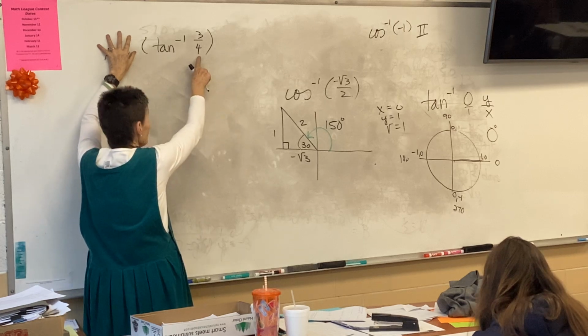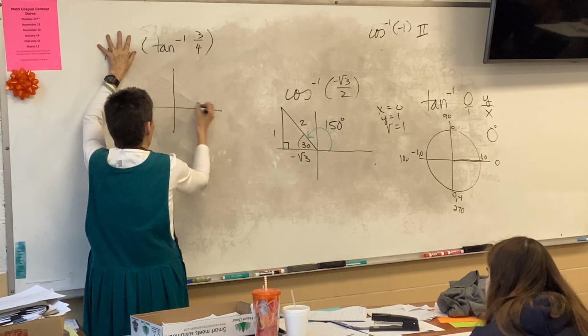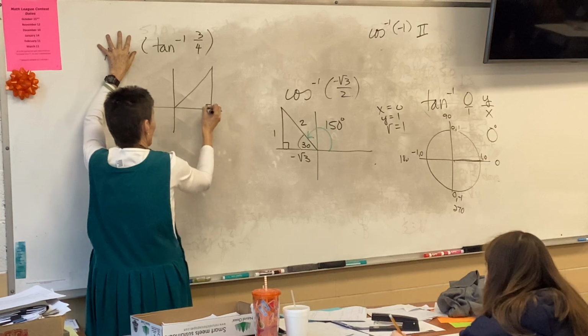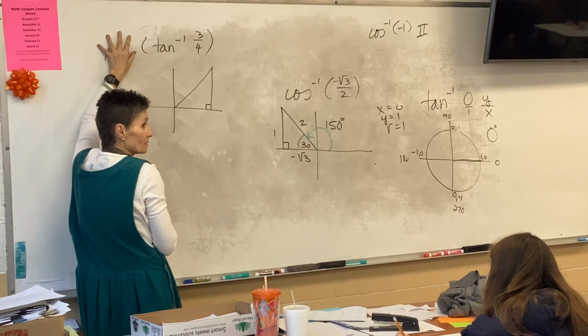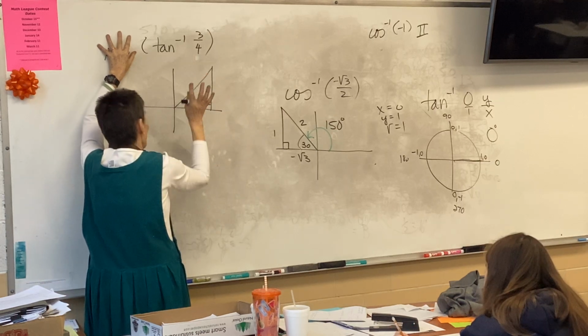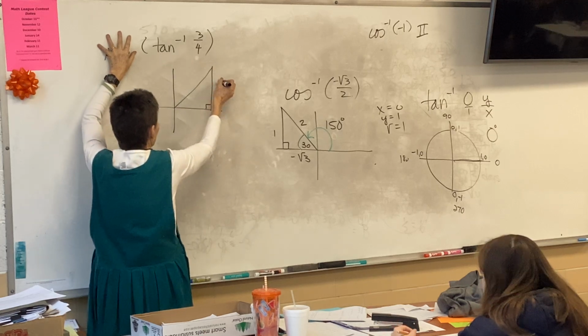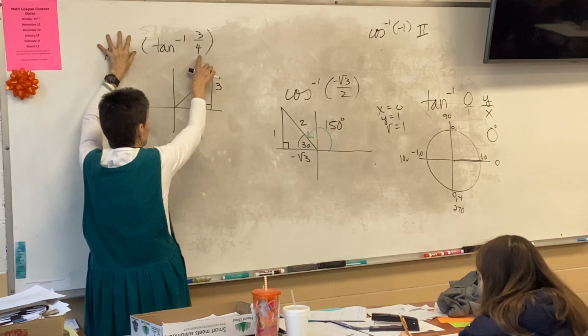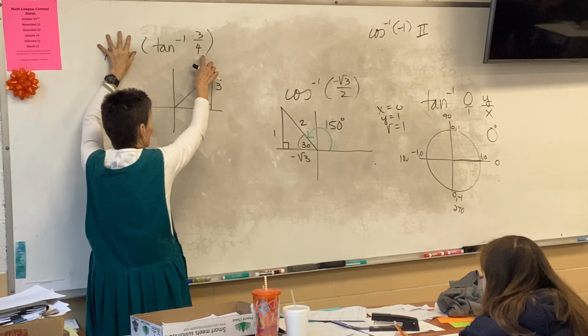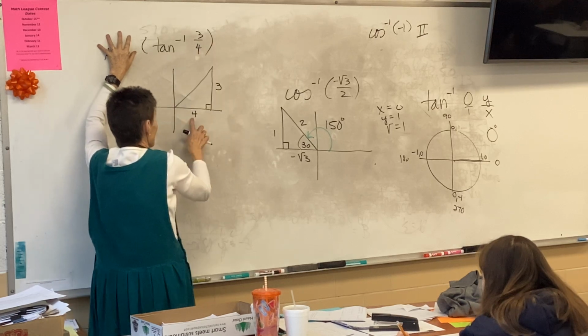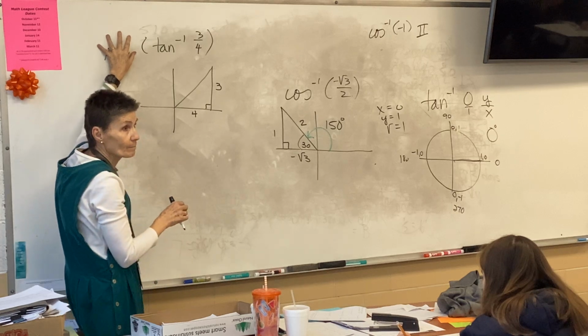That's a positive number, so I'm going to draw my triangle in quadrant 1. Positive number, always quadrant 1, no matter what. Opposite over adjacent, this is a tangent value. Opposite over adjacent is 3 over 4.